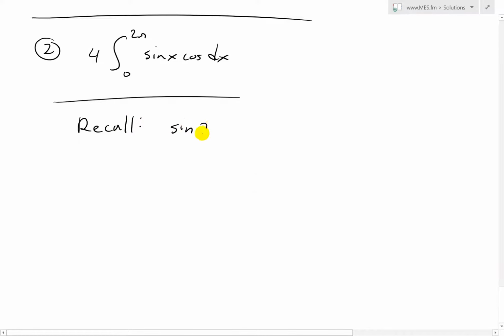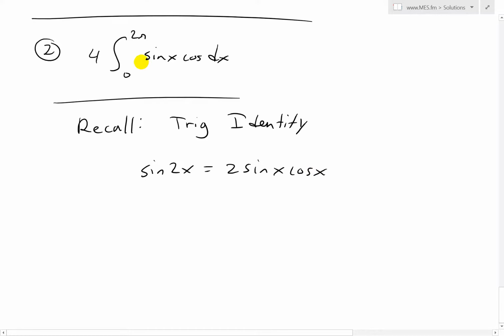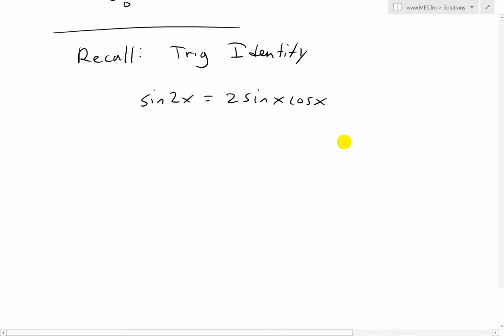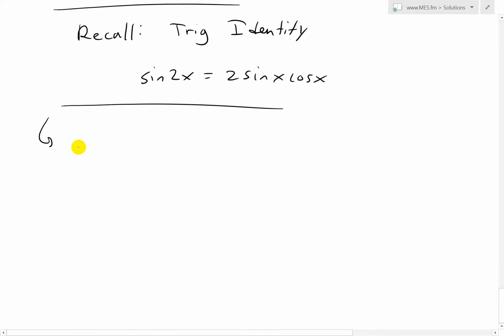Recall the trig identity: sine 2x is equal to 2 sine x cos x. In our case here, we have 4 sine x cos x.